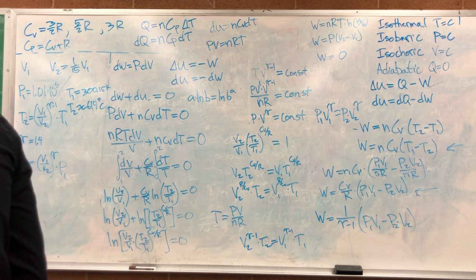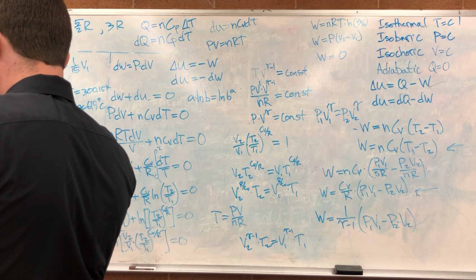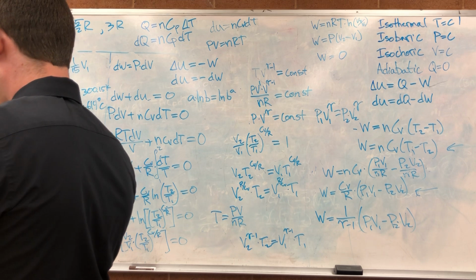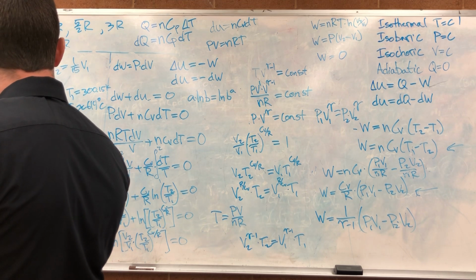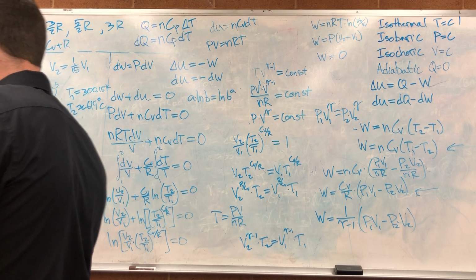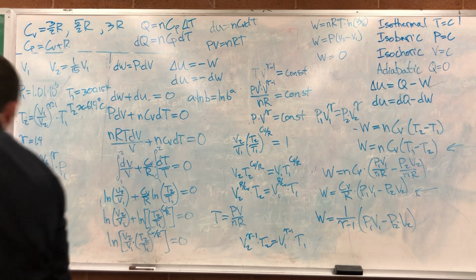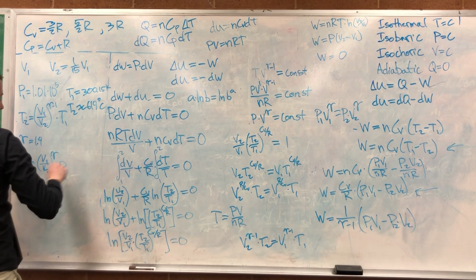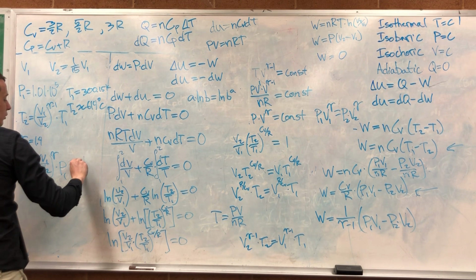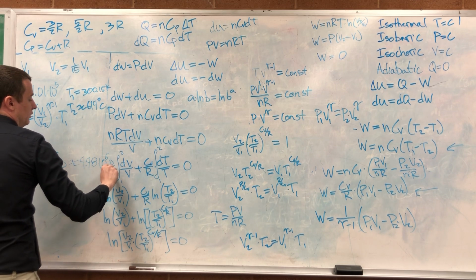So in this case, we take 15, we raise that to the power of 1.4, and we multiply that by our initial pressure, which was 1.01 times 10 to the 5. And it comes out to 4.48 times 10 to the 6 pascals.